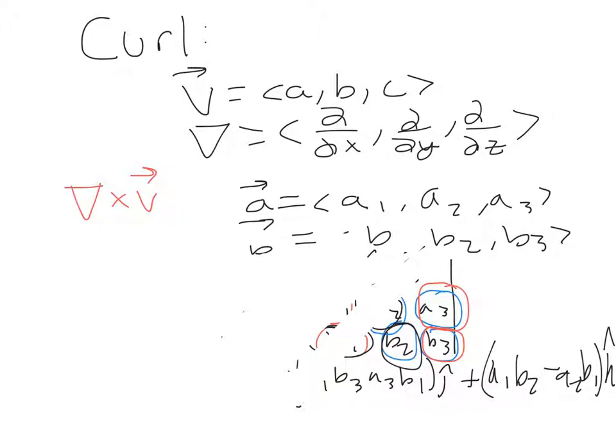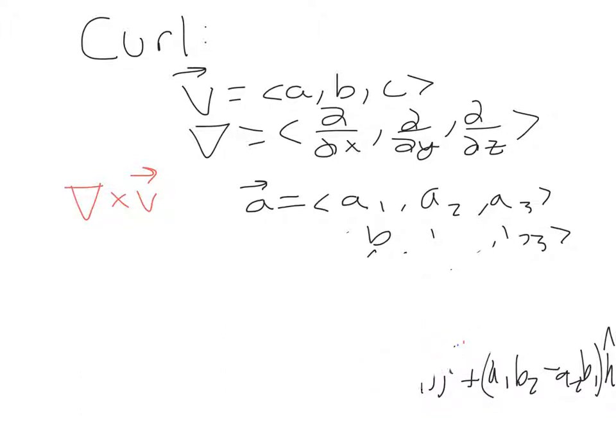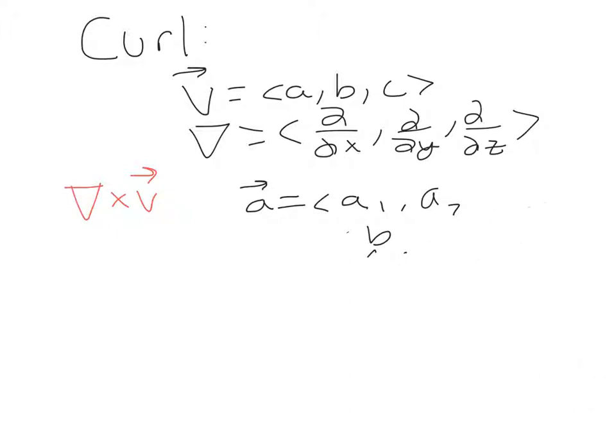And similarly to what we did with divergence, when we apply del, we don't multiply it in the cross product, but we apply the partial derivatives, and then take the cross product.